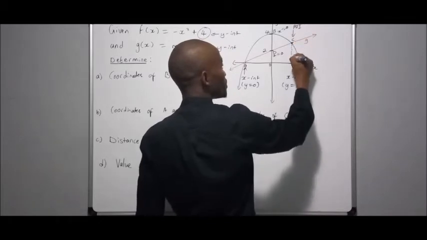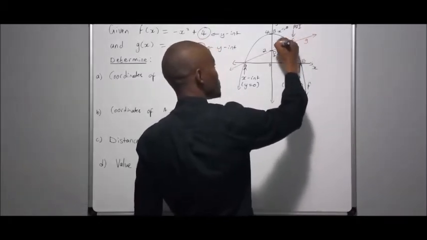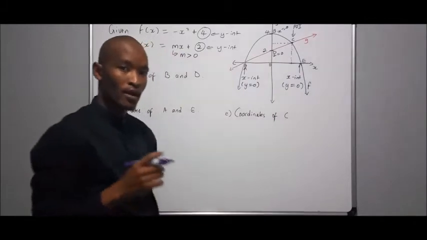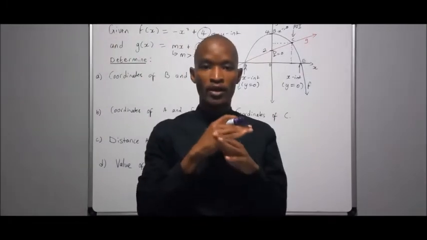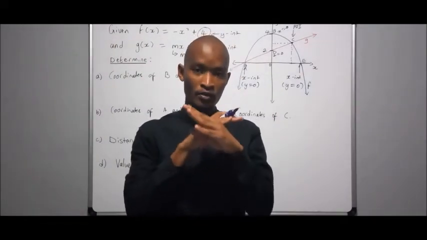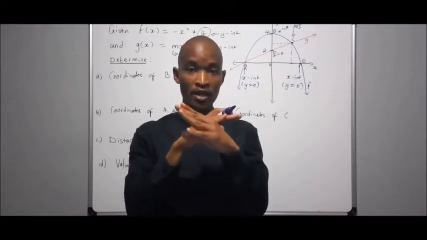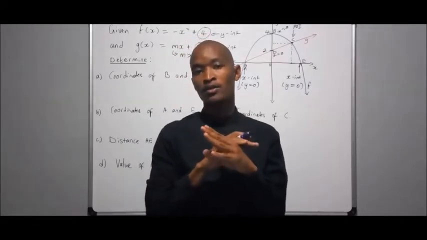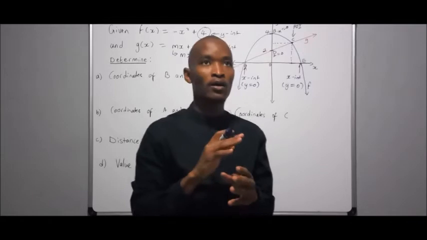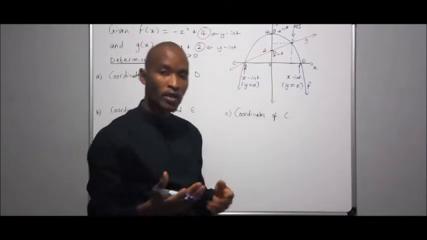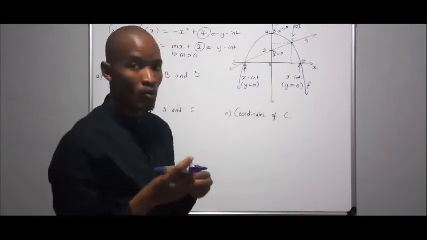And what do we know about the point of intersection? Grade 10s, at the point of intersection, the two functions will have the same x-coordinate and the same y-coordinate. Another word for the point of intersection is a common point.